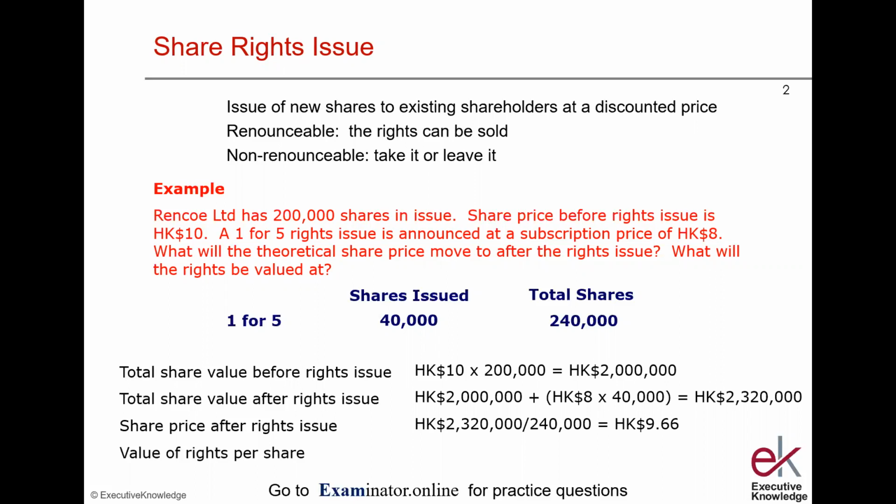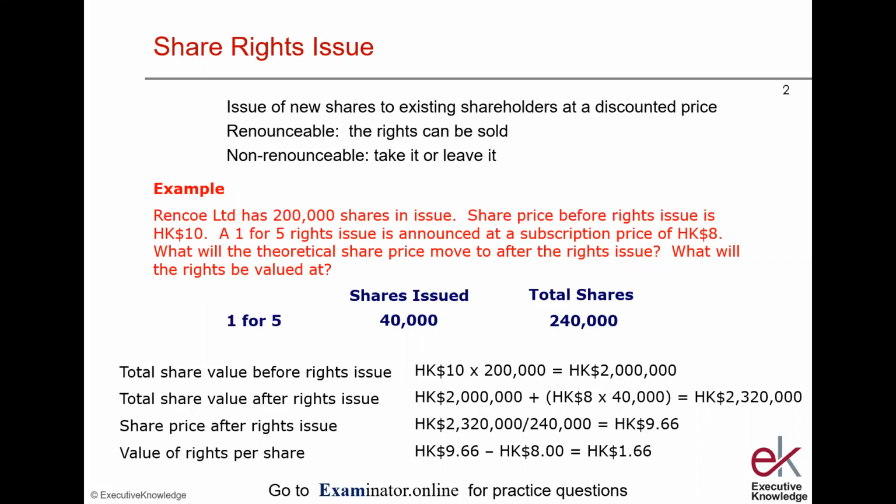What is it that I am buying in the rights issue? I'm buying a share that ultimately is worth $9.66. How much did I pay for the right? $8, or rather what I paid for the share, $8. So I pay $8, I receive something worth $9.66. So the value of the rights per share is $1.66, and that could pop up as a question.